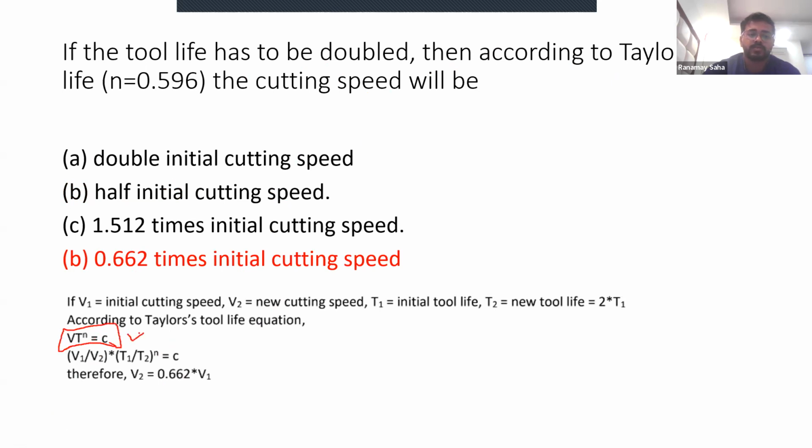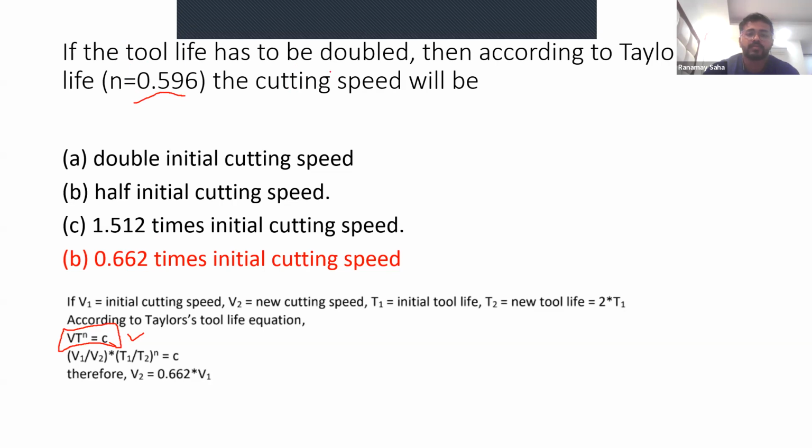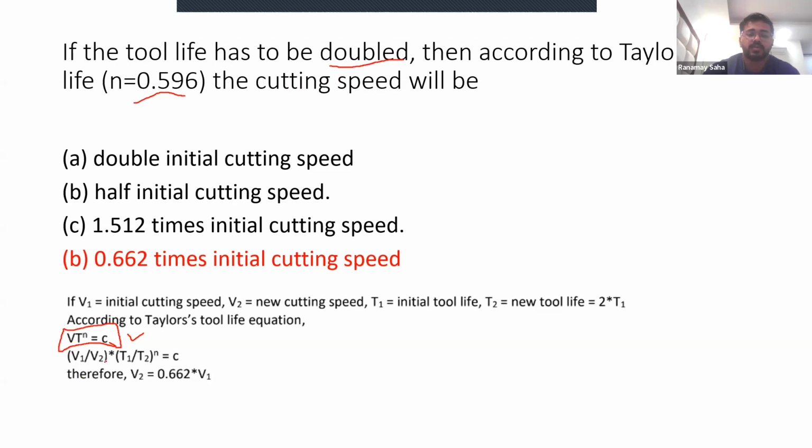You have been told the n value, and your tool life has to be doubled. So if that happens, what happens to the velocity? Just plug in the values. You use T2 as twice of T1, and then we put the value of n as 0.596.